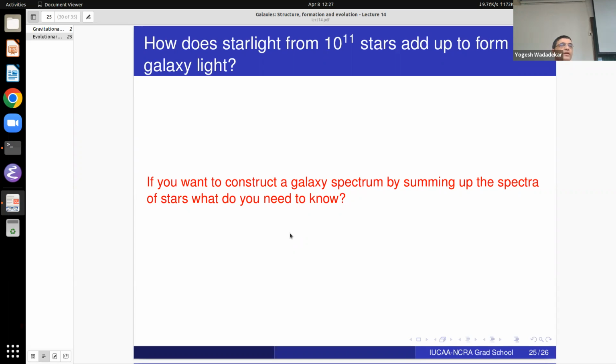Extinction. What is more effective than gas in extincting? Dust. Okay, so you will need to know the dust distribution. But will dust change the spectral lines in the spectrum? No. Okay, it will change the continuum shape because it will attenuate some wavelengths more than others.